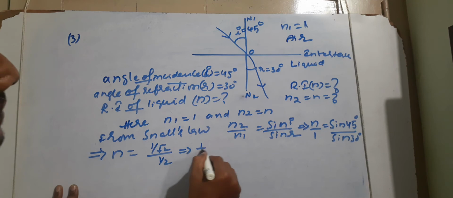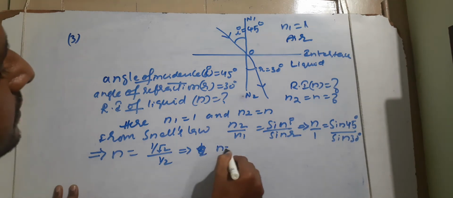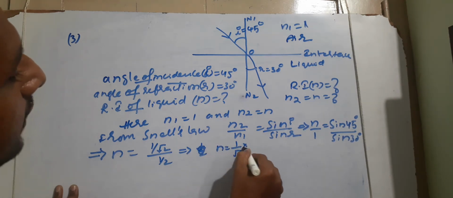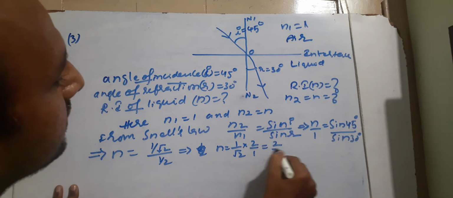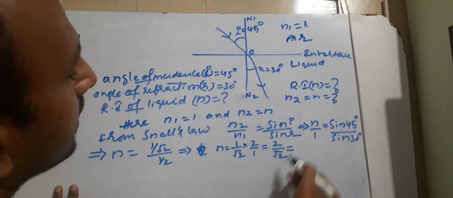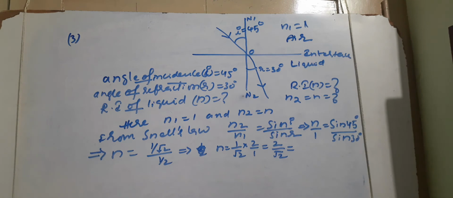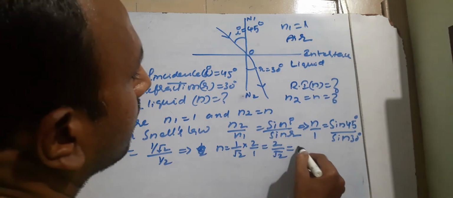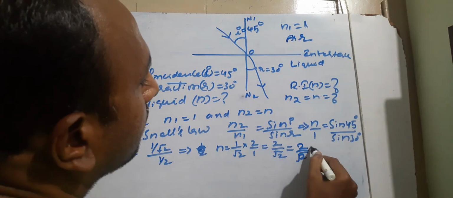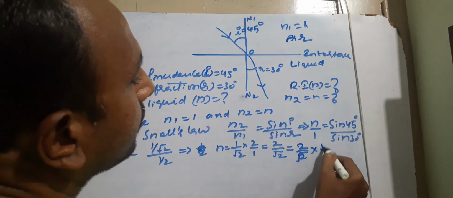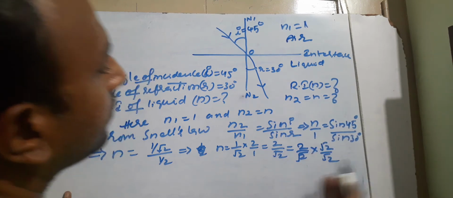So this implies n is equal to sin 45 degrees, 1 by root 2, over sin 30 degrees, 1 by 2. This implies n is equal to 1 by root 2 into 2 by 1, so that is 2 by root 2, students. To calculate the exact value, 2 by root 2, we are multiplying this with root 2 and dividing by root 2.